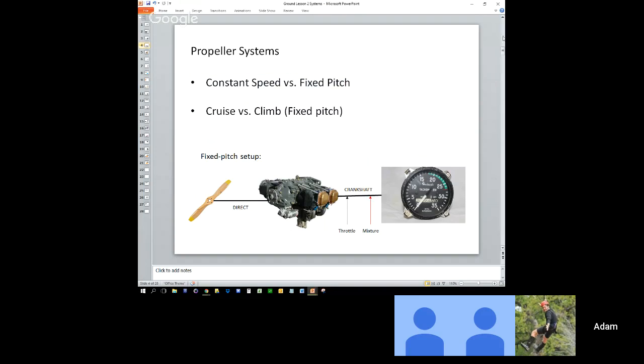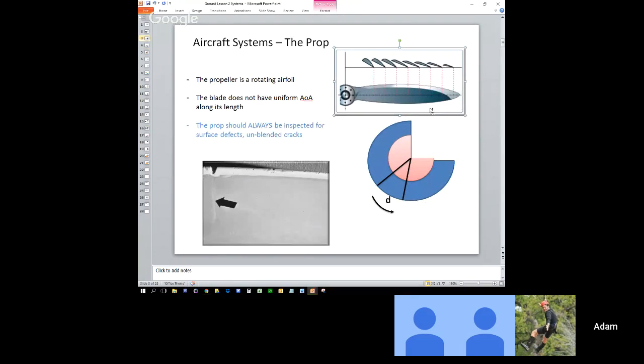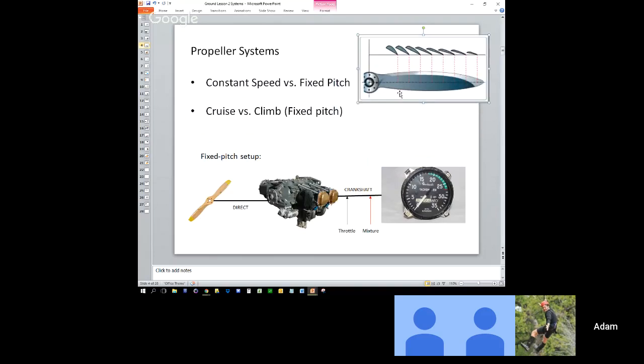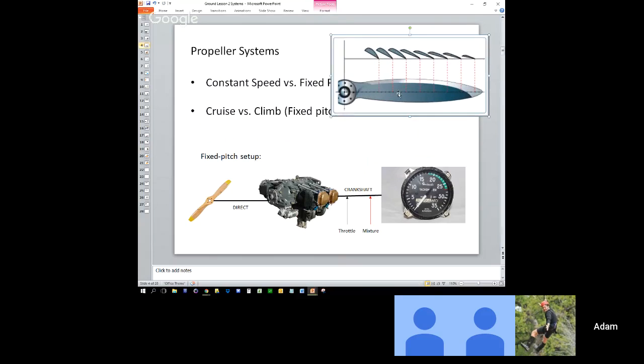Here, let me go back here. So this particular propeller in the picture, it's always going to have these angles of attack. It's always going to have the same shape, no matter what. It's a solid piece of metal or perhaps wood, like it is in this picture.